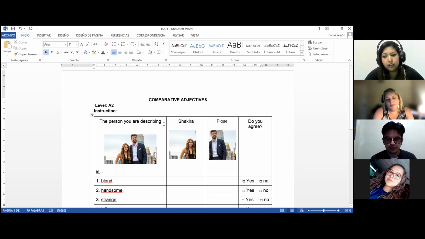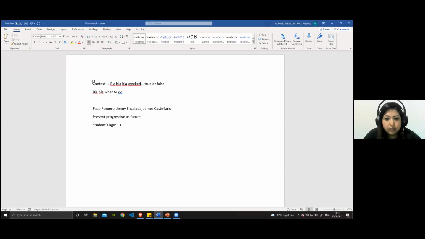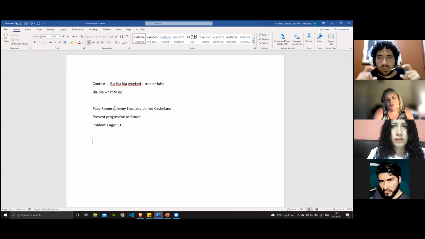We have to write the instruction here. In the first part, the context, and in the second part, the instruction. So that would be like the context, the setup of the story, and later on start developing the items.